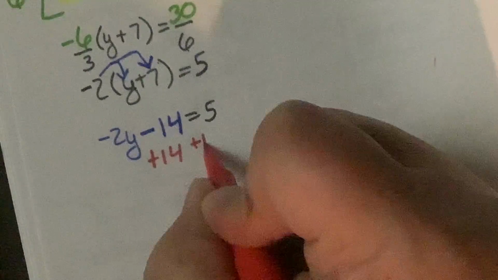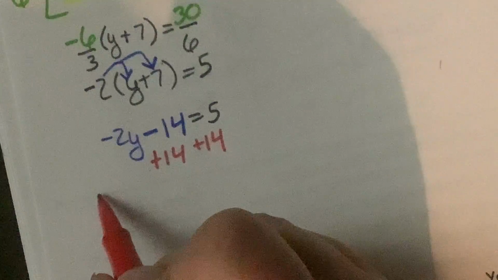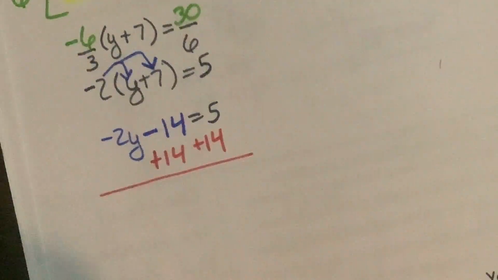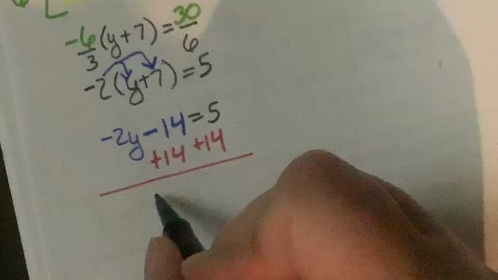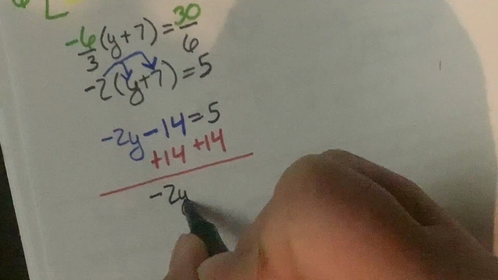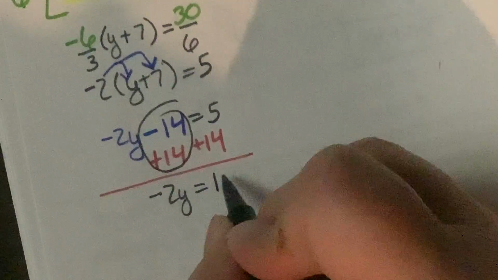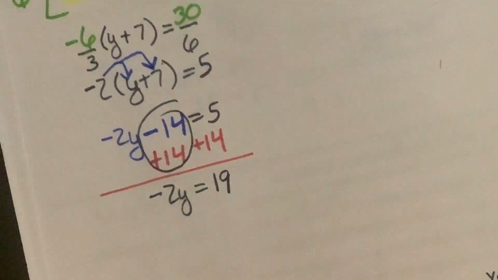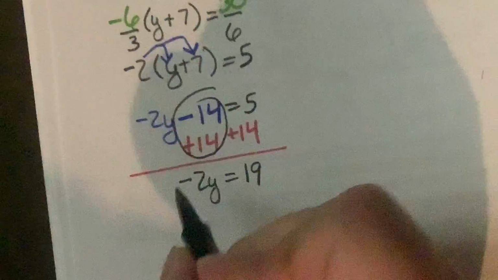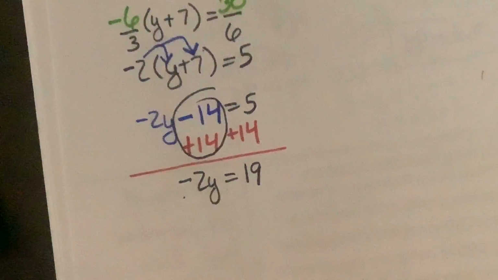So I'm going to add 14 to get rid of this constant. And what do I get? Negative 2y minus 14 plus 14 is 0 equals 19. Okay, that's not so bad. Divide by negative 2.